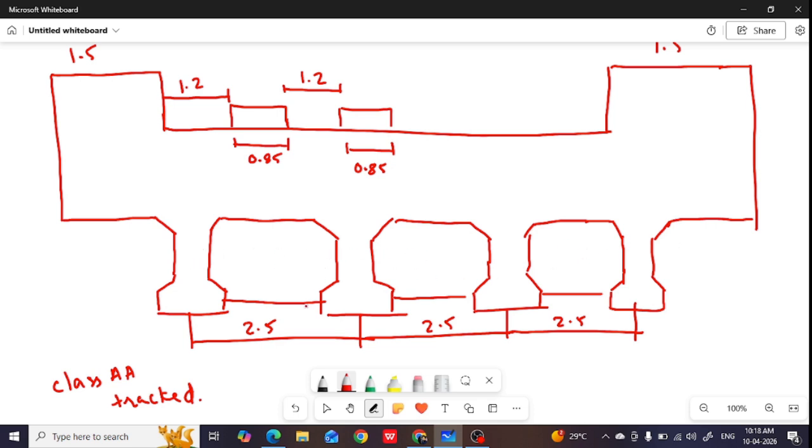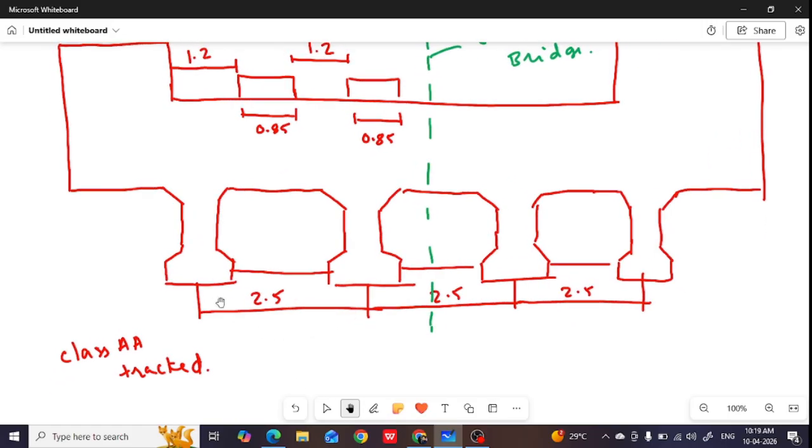We will see how it is distributed to each girder by using the Courbon's method. Now here, when you are using the Courbon's method, you need to define the central axis of the bridge. You need to see what is the distance of each girder. Girder A, girder B, girder C, girder D. A and D are the outer girders, B and C are the inner girders.